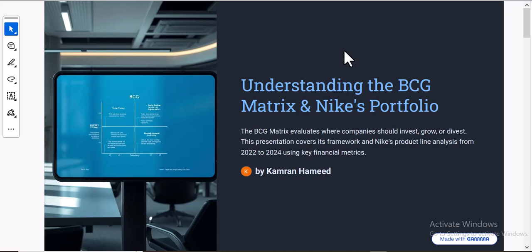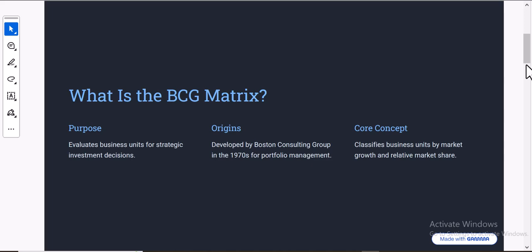So the BCG matrix actually evaluates where companies should invest, grow, and divest. And this presentation will actually start with the basic idea about what is meant by the BCG matrix. So the main purpose of this matrix is to evaluate the business units for strategic investment decisions. And in fact, it started in the 1970s and it was developed by the Boston Consulting Group.